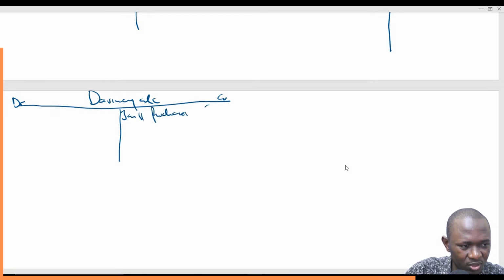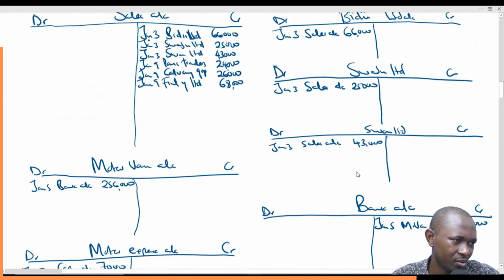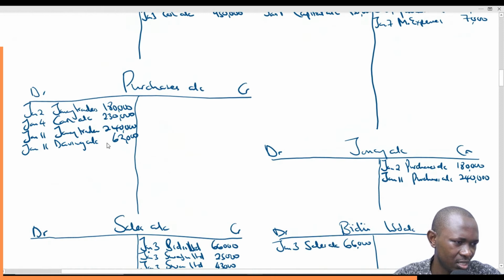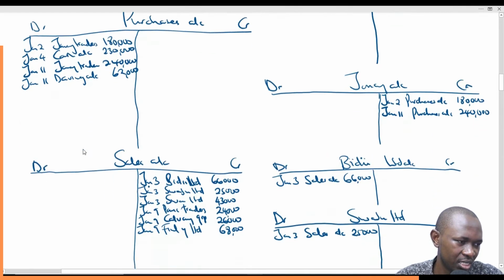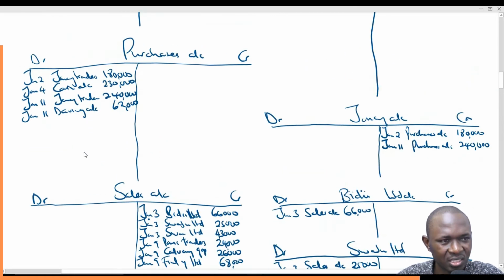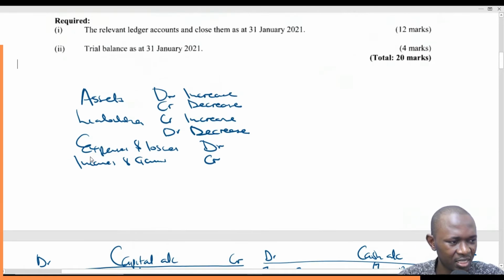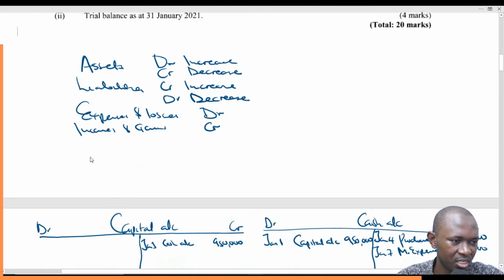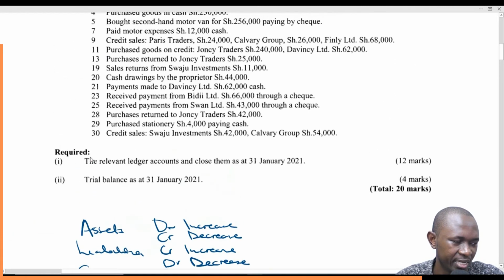The figure was, I think, 62,000. Let me just confirm that figure. Yes, the figure is 62,000. You can see this on the debit purchases because stock is increasing, and we credit Da Vinci because Da Vinci is a creditor. And we said that creditors are liabilities. So when liabilities increase, we credit.